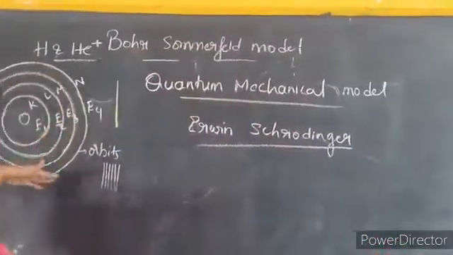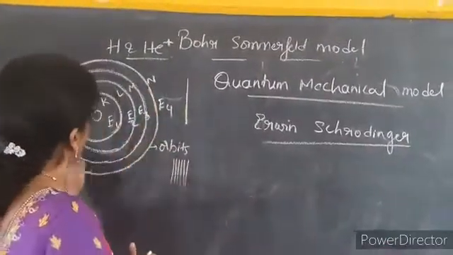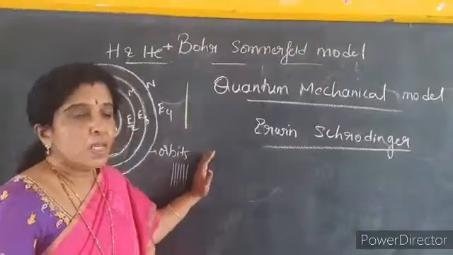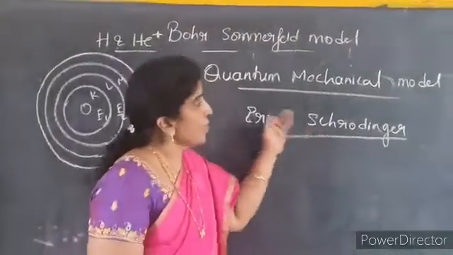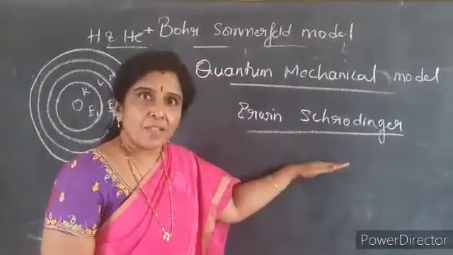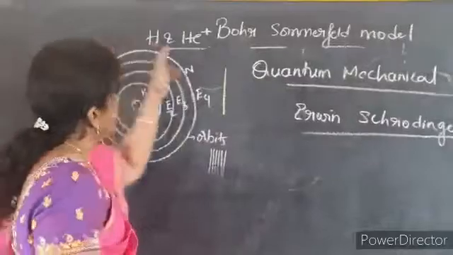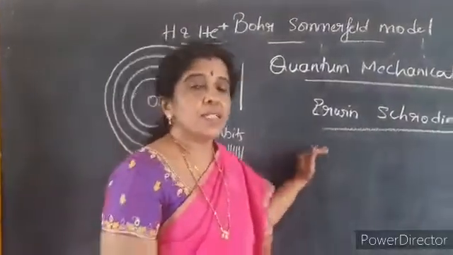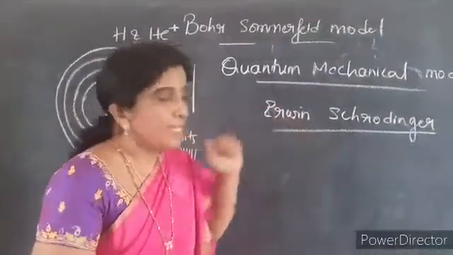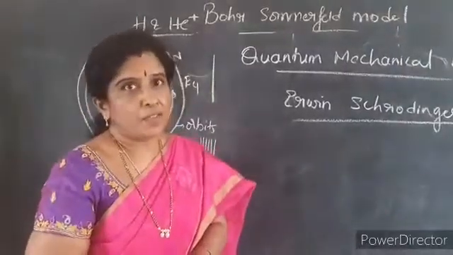The electrons are moving in the definite paths. Therefore, there is a definite boundary for an atom. So he just raised the doubt, do the electrons really have definite paths? And is there a definite boundary for the atom? So he worked on these aspects and he has proposed some more features.